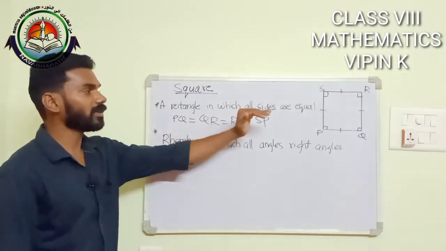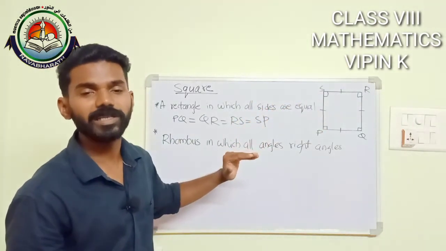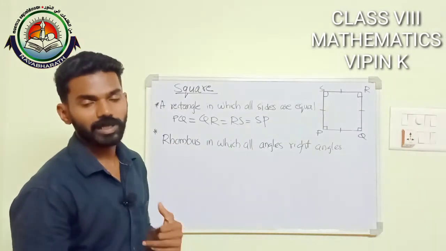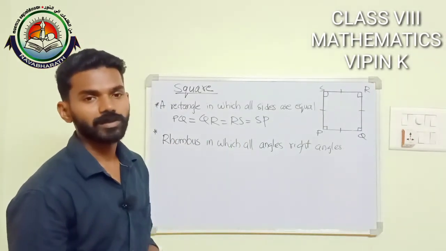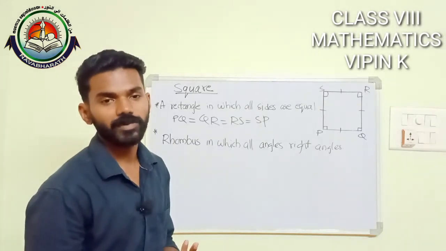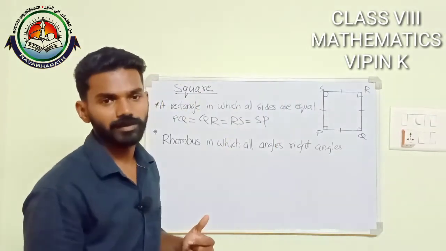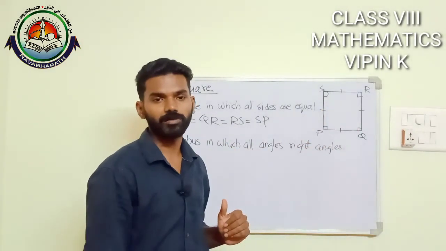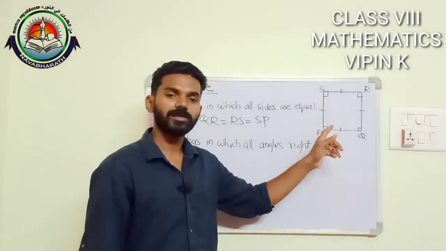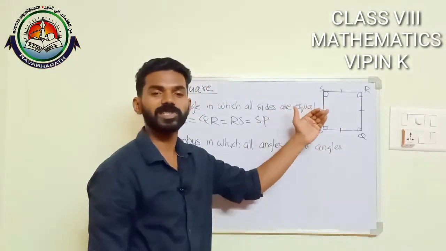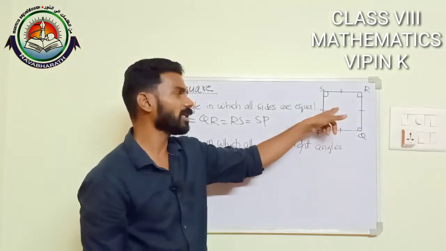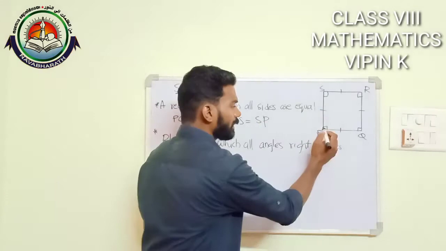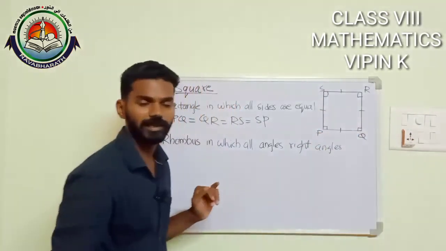Now, a square can also be defined from a rhombus. Remember the case of a rhombus. A rhombus is a parallelogram in which all the sides are equal. So we can say this one is a rhombus also, because all its sides are equal and opposite sides are parallel. And the property of this rhombus is that all its angles are 90 degrees.